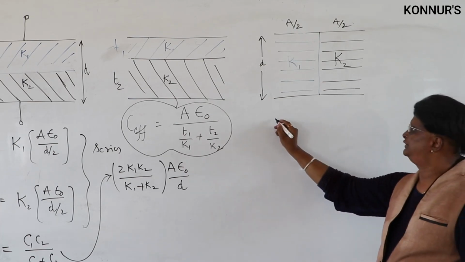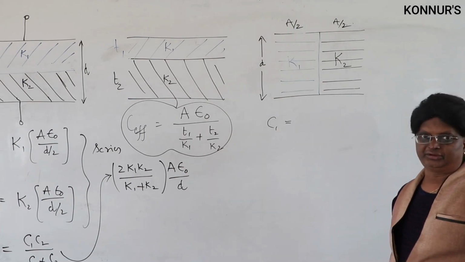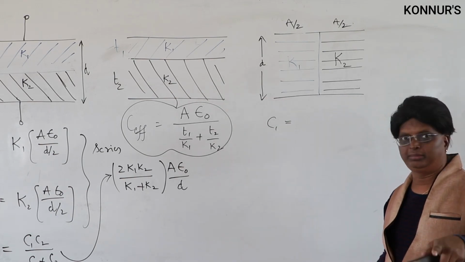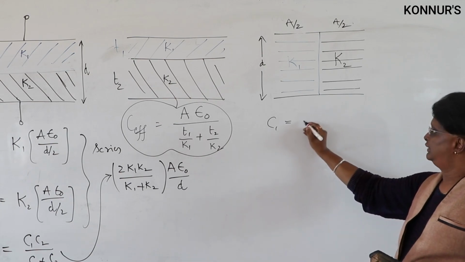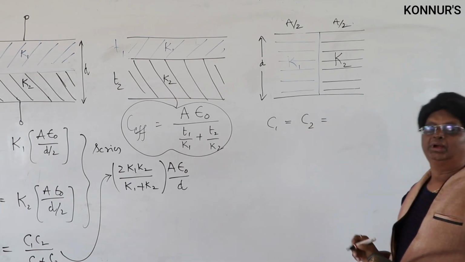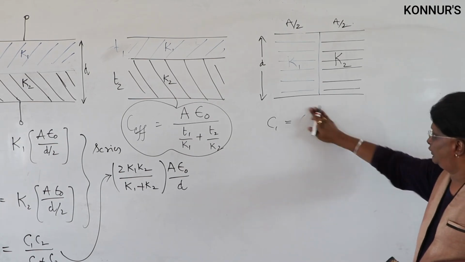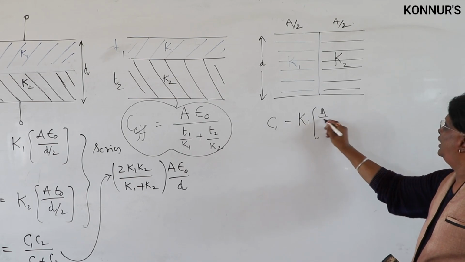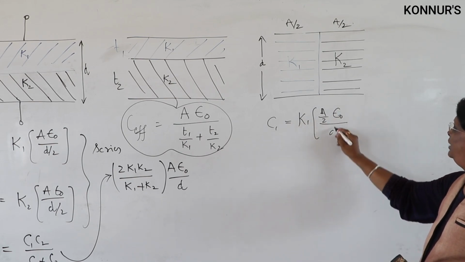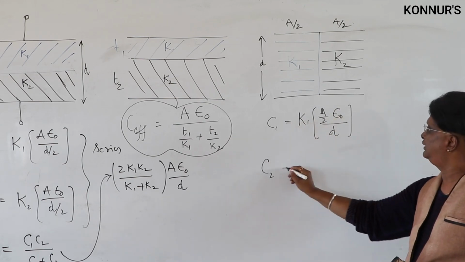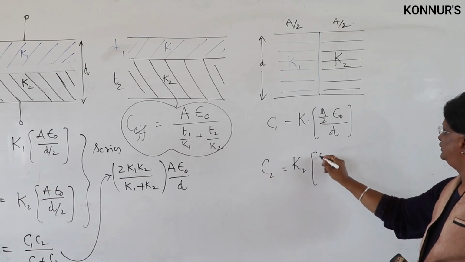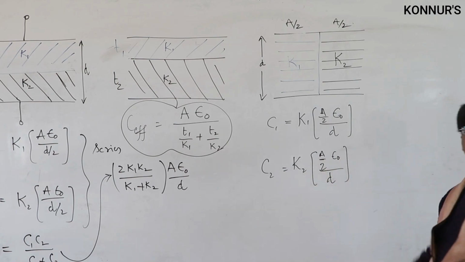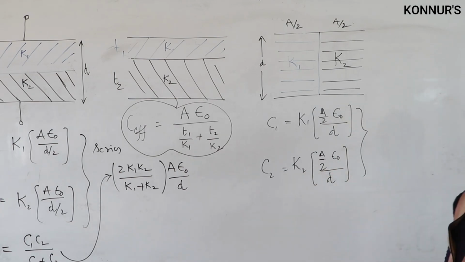So here also you will get two capacitors, each of thickness D but area A by 2. Therefore, here C1 is equal to, I'm sorry, C1 is K1 times A by 2 epsilon naught by D, and C2 is K2 times A by 2 epsilon naught by D.